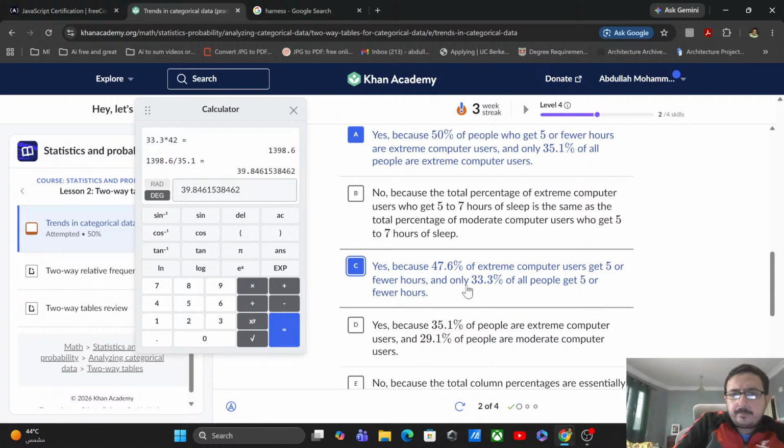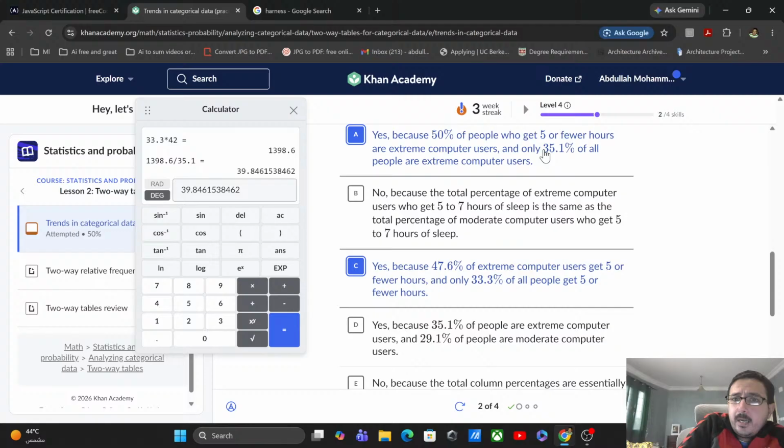I don't know about this. 50% of people who get 5 or fewer are extreme computer users. Only 35.1 of all people are extreme. So I don't know what the other statement is actually referring to. What does that mean?